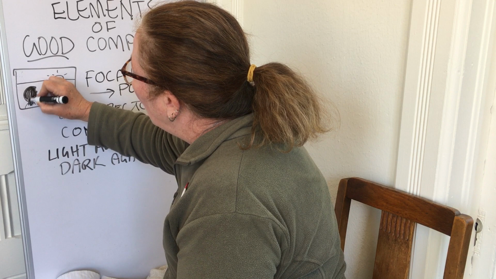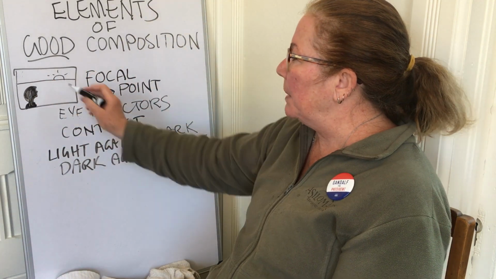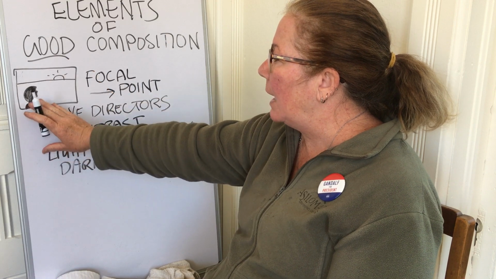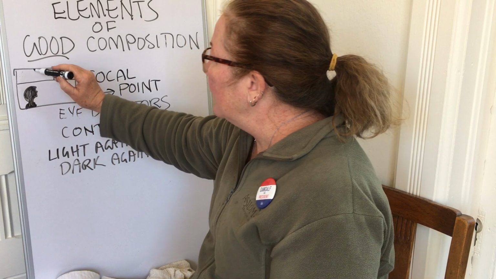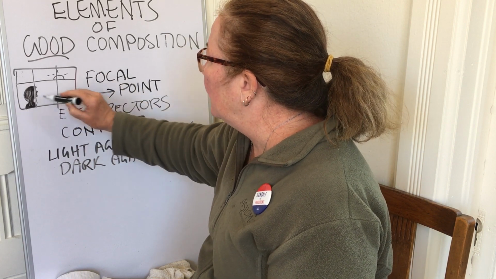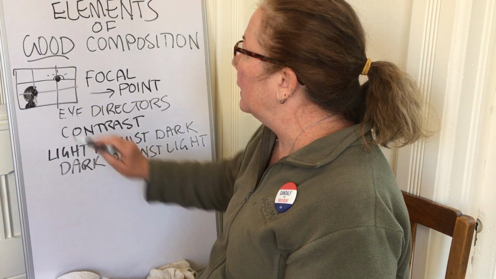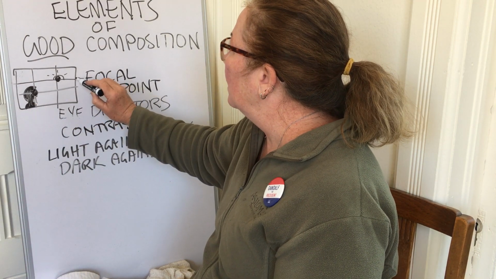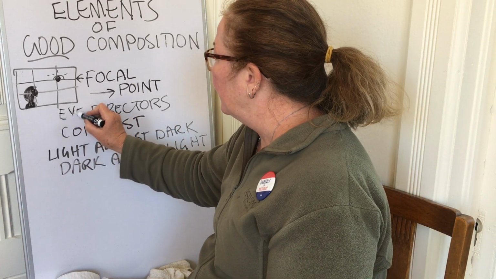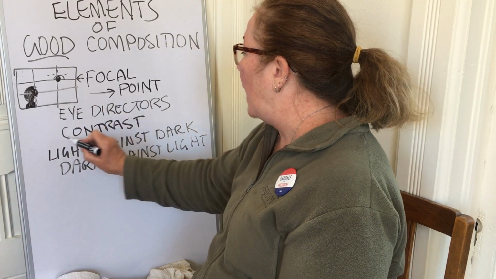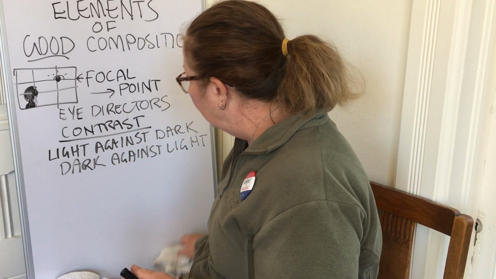And so I would have this contrast of dark against light. That would be the contrast. Bright sunlight, dark profile, but you could tell it's my girl. And so that would be my rule of thirds. I've got her intersecting, and I've got the sun intersecting, and I've got an important element along that line. So an eye director could be contrast, right? And that's an example of some contrast.